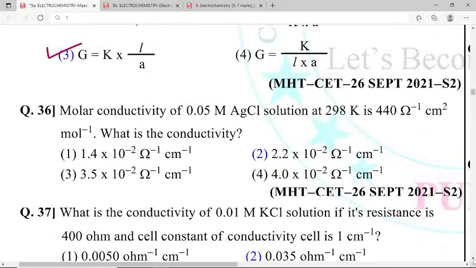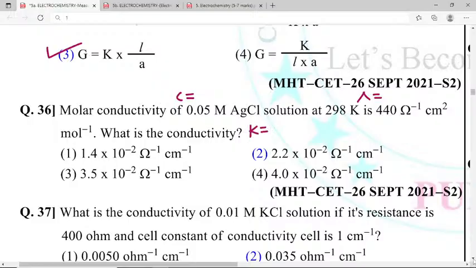The concentration is given, and the molar conductivity is also given. What is conductivity? Conductivity, that's the K we have to calculate. So what is the formula here? Lambda is equal to 1000 K divided by C. Modify the formula for K. So K is equal to lambda into C divided by 1000.